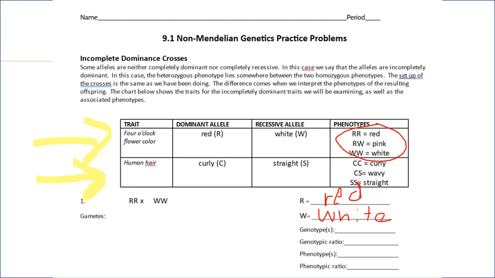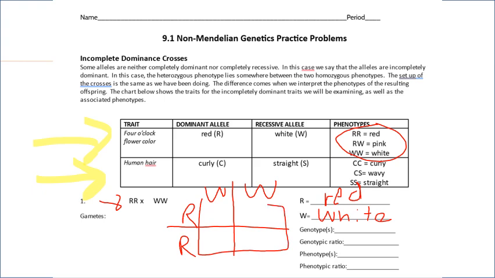Okay. My genotypes are going to be determined by my cross right here. So if you look at this cross, I'm going to make a Punnett square, just like that. RW, RW, and the nice thing is all of them are going to be RW.